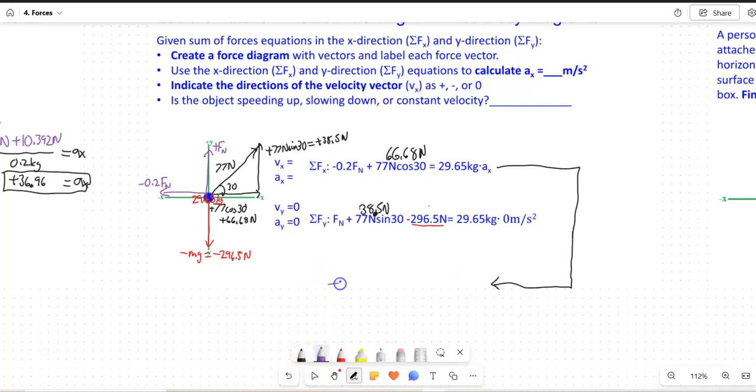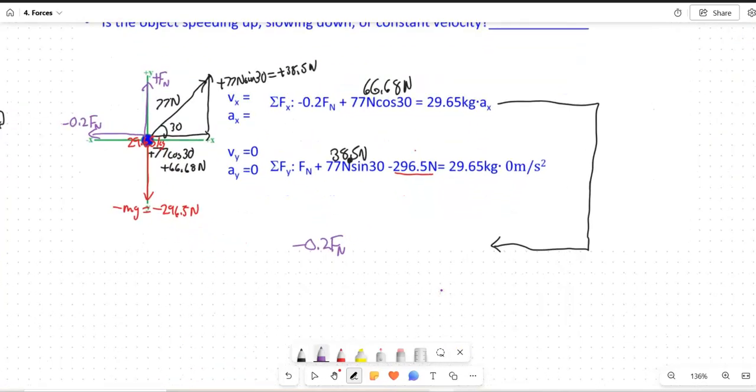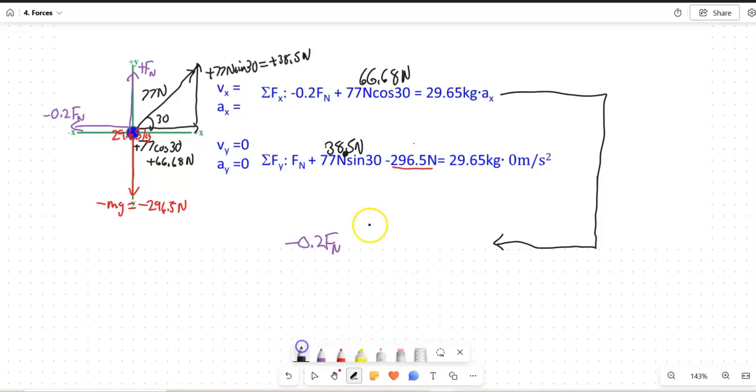So we have our negative 0.2 times normal force plus 66.68 newtons. That's going to be equal to 29.65 kilograms times the acceleration in the x direction, which looks like it's positive, but we'll figure it out.